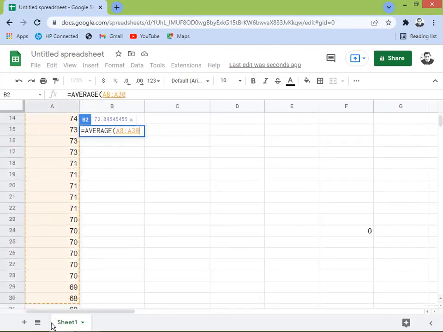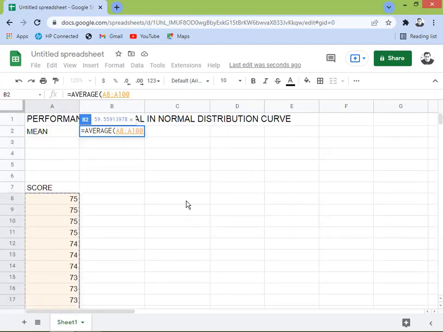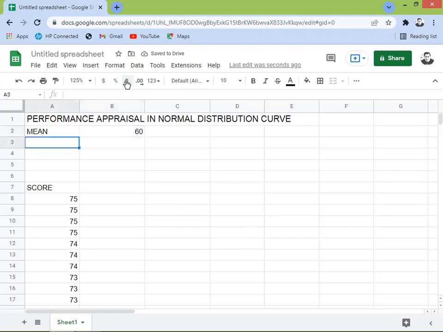So we're gonna select this range all the way down to number 45. Although there are several 45s here, that's the lowest number that we get from our samples. And then just close it, then enter. Okay, we don't need too many decimal places. Actually we don't need decimal places. Just 60 is okay.